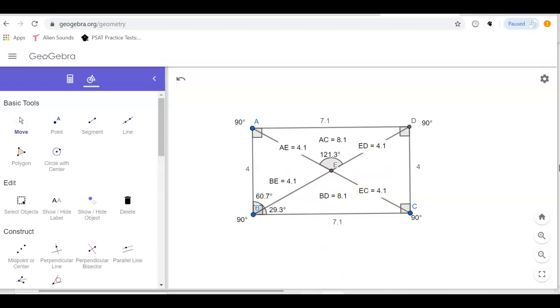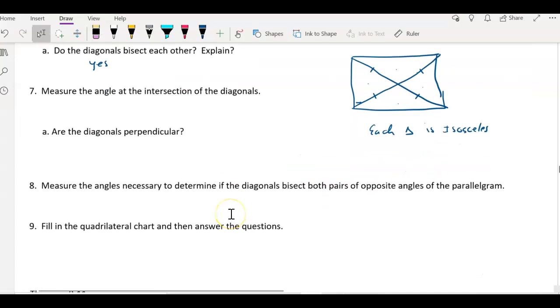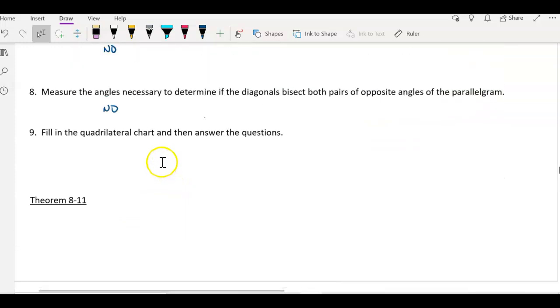So when we look at it, are the diagonals perpendicular? No. And do they bisect both pairs of opposite angles? No. So the only thing we can add to the theorem list here is the fact that the diagonals are congruent to each other.